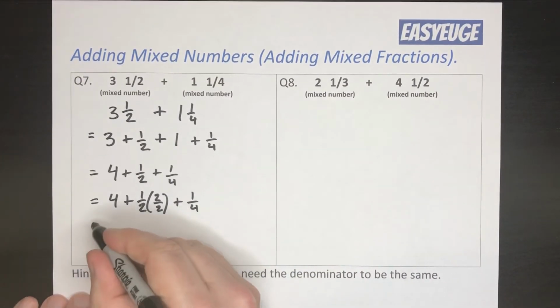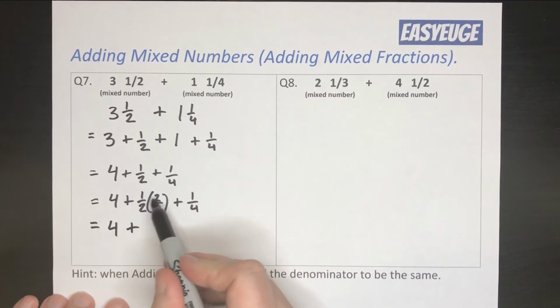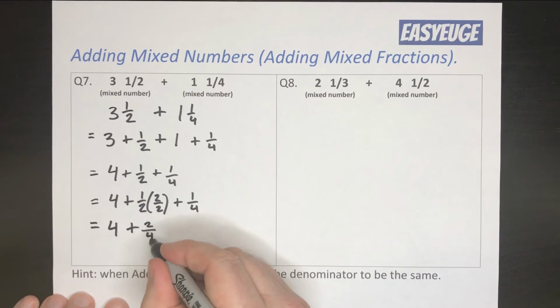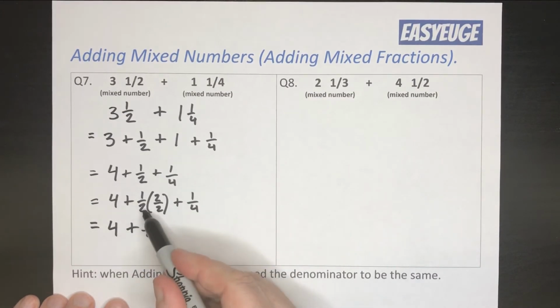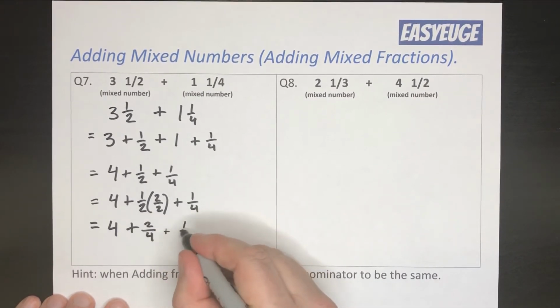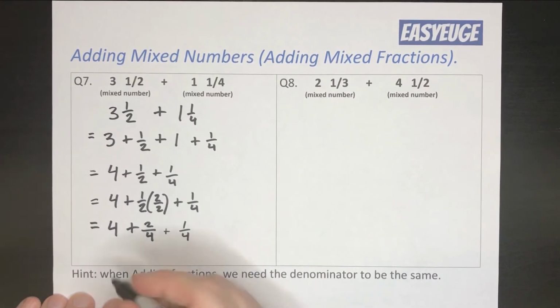If we rewrite this, it's going to look like 4 plus 1 by 2 is 2, 2 by 2 is 4. So this half now looks like 2 quarters, and 2 quarters is a half. Now let's add on the 1/4, and now you see, because the denominators are the same, because they are like, we can now add them.